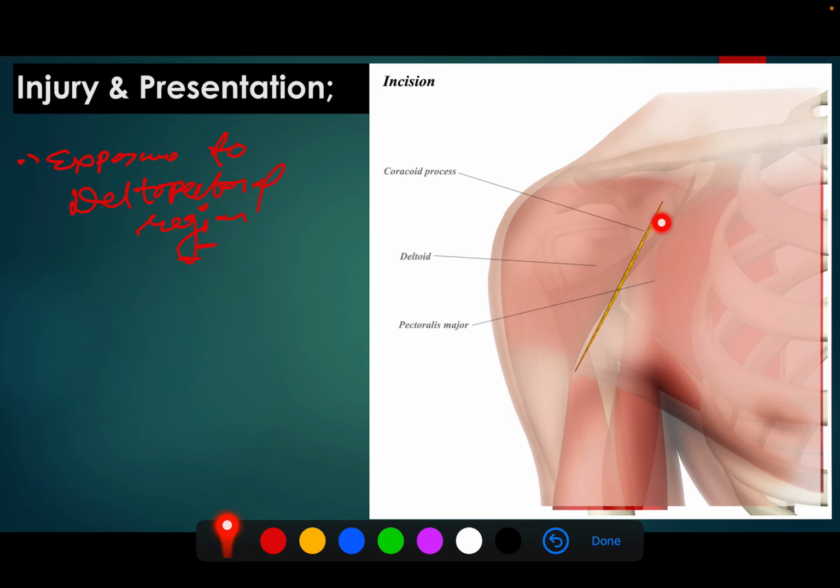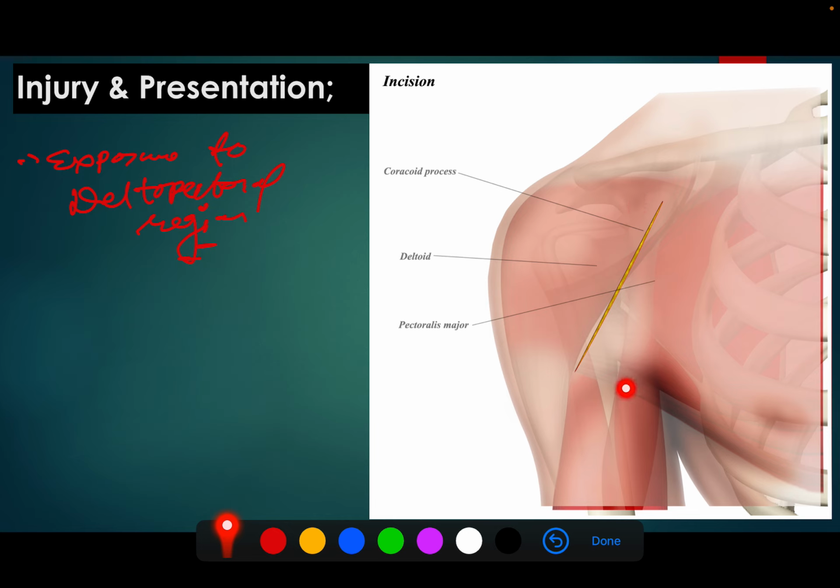So this deltopectoral incision causes musculocutaneous nerve injury. And one more point I want you to understand here: if we have the coracoid process over here, this coracoid process has three muscles.